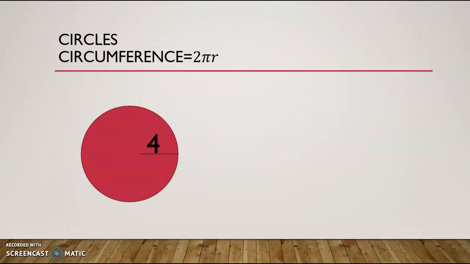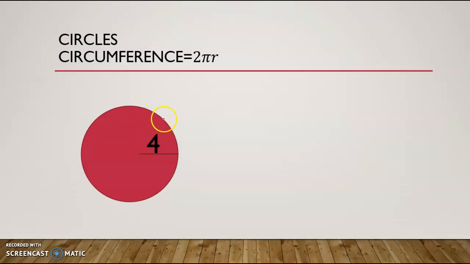Now, circles. Circles are pointless. Let that sink in for a second. Okay, we have a formula for circumference, which is the same thing as perimeter. Okay, it's just a fancy word that we use just for a circle. That is, the circumference of a circle is the same thing as a perimeter of a circle.